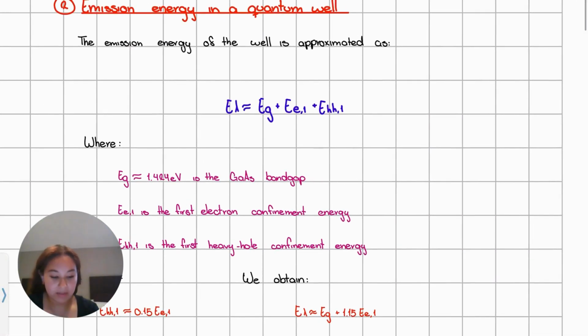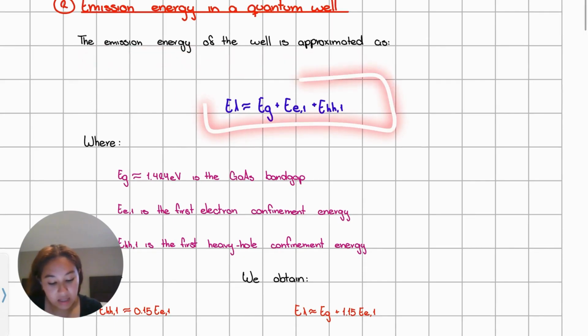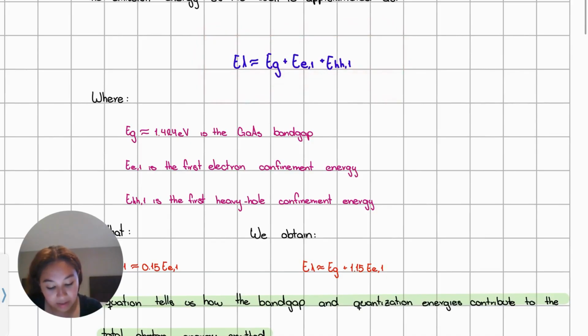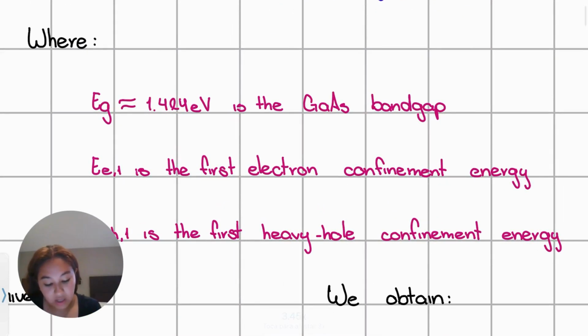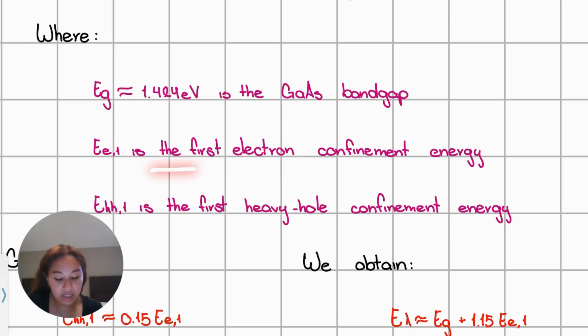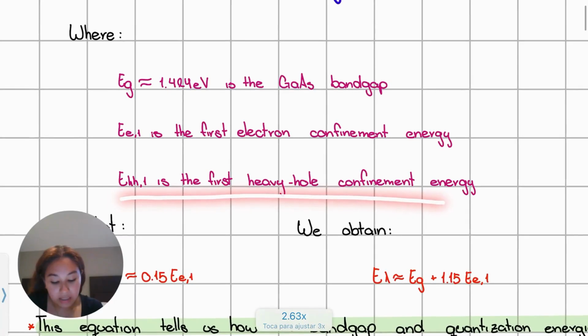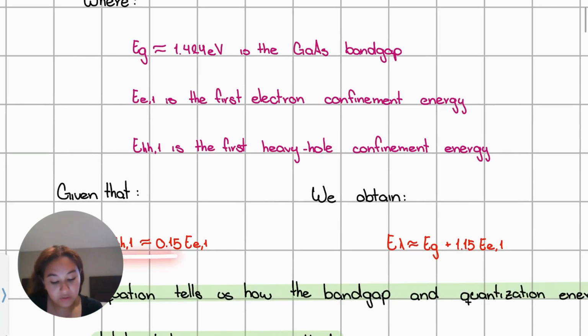well should emit. Now, the emission energy of the well is approximated as this equation, where we can assume that Eg has an approximated value of 1.424 electron volts, and Eg is the GaAs band gap. E1 is the first electron confinement energy, and EH1 is the first heavy hole confinement energy.